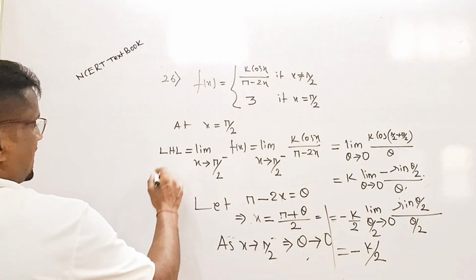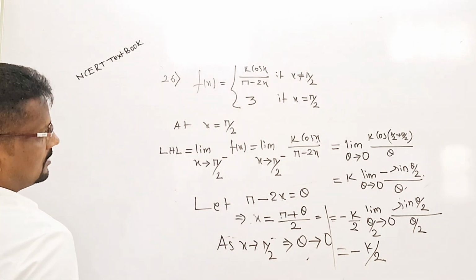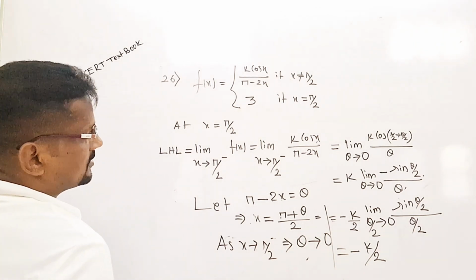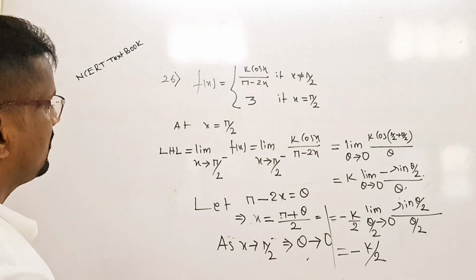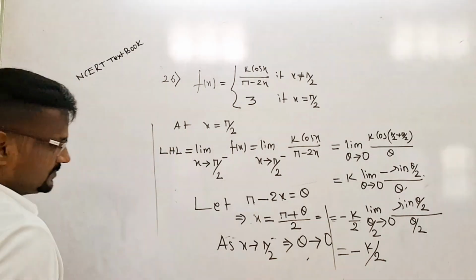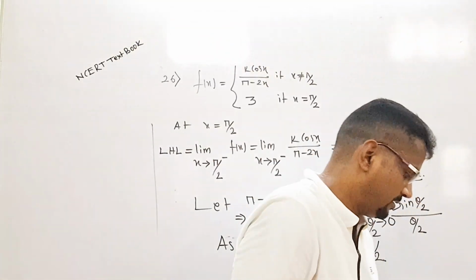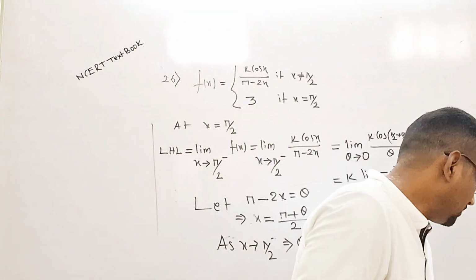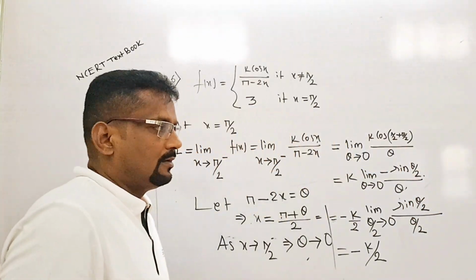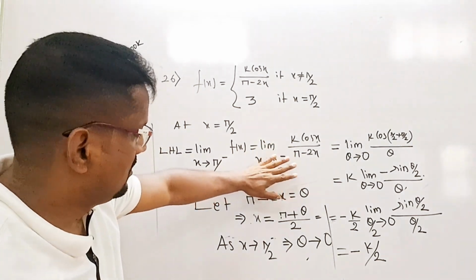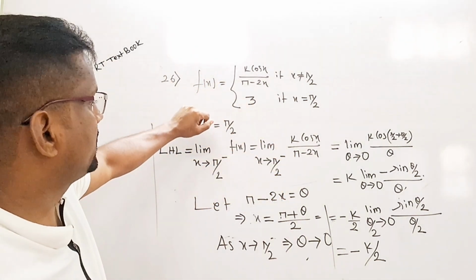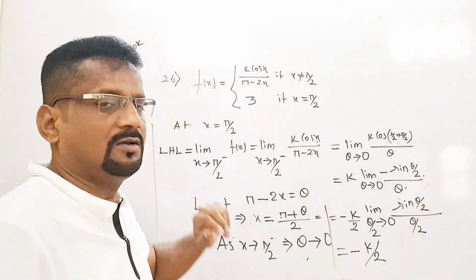So therefore, as the function is continuous, you can say LHL equals RHL. So this is the LHL we have found out. And now here, right hand limit, no need to go for right hand limit, because left hand limit we have calculated, and without calculating right hand limit we can take the help of the functional value also.